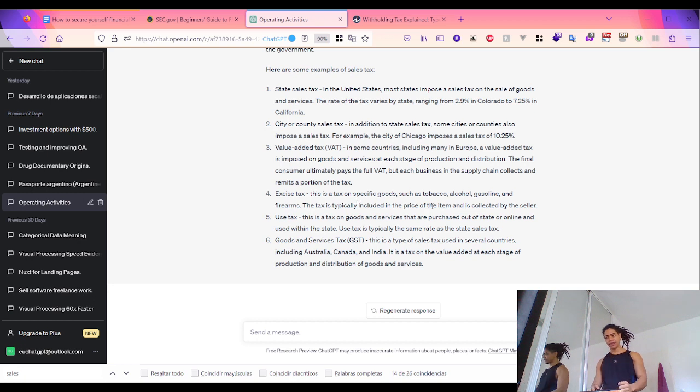So the tax is typically included in the price of the item and is collected by the seller. Excise tax.